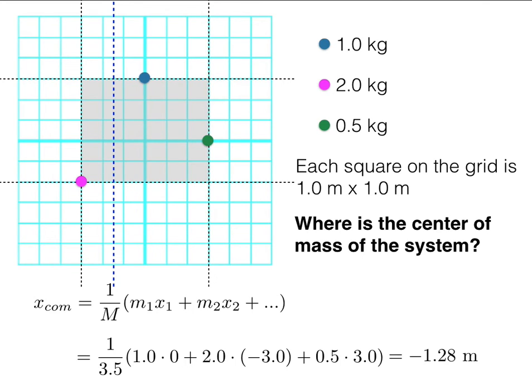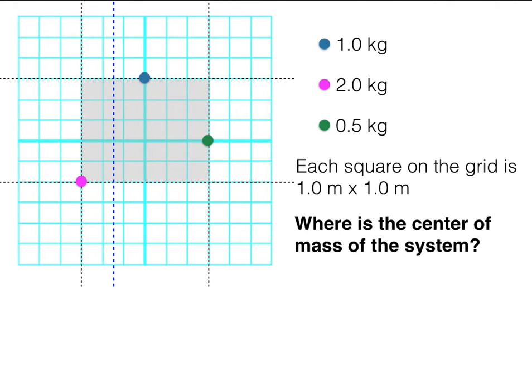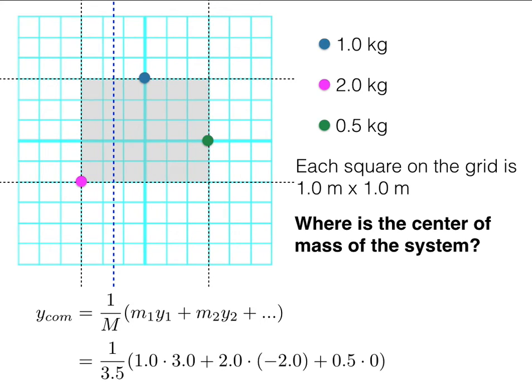Let's do the same thing to find the y coordinate of the center of mass. At this point, you could stop the video and try this on your own, and then you can use the video to check your work if you want to. So this is the equation that you get after you make your substitutions. And here's the result.